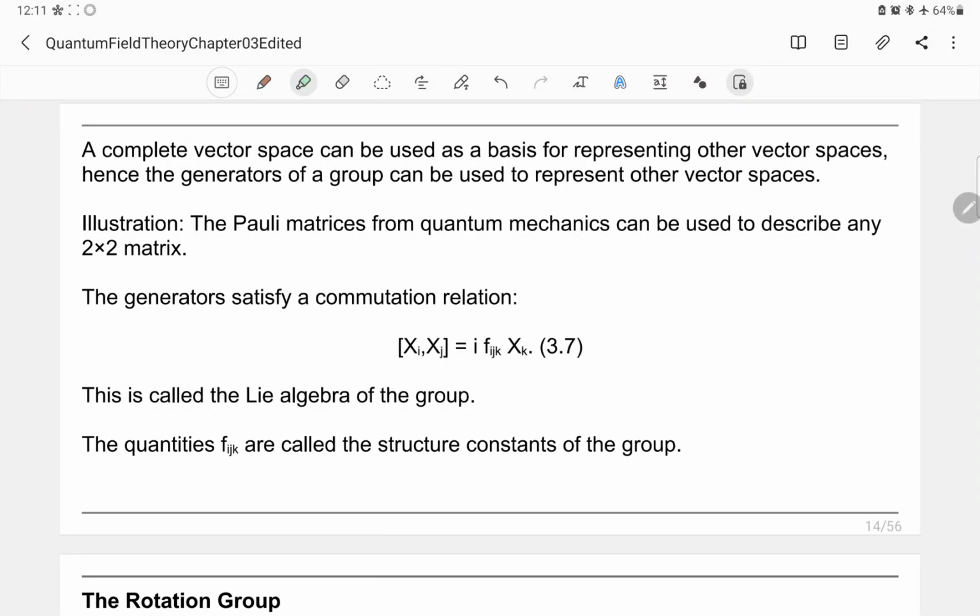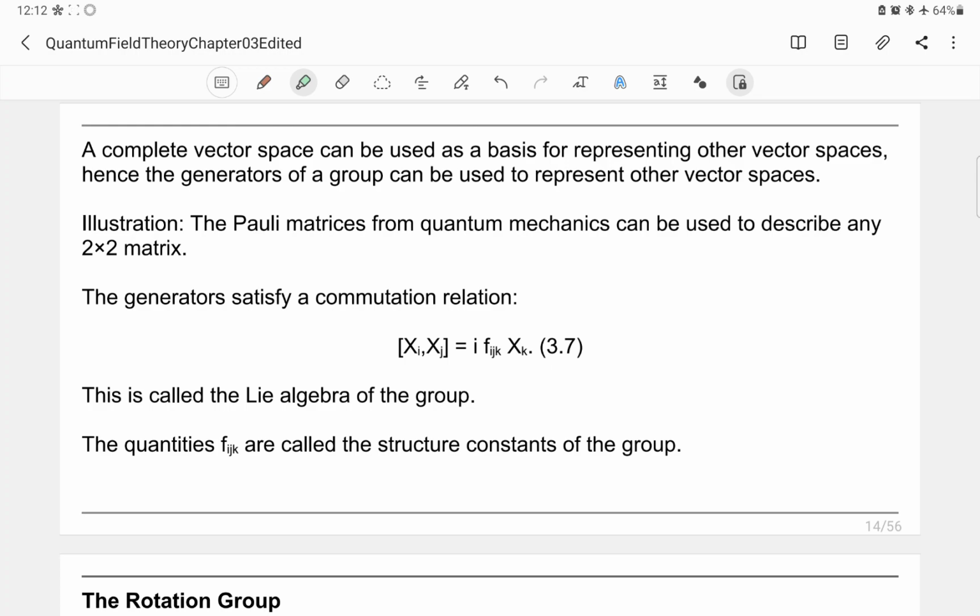A complete vector space can be used as a basis for representing other vector spaces. Hence, the generators of a group can be used to represent other vector spaces. As an illustration, we have the Pauli matrices from quantum mechanics, and these can be used to describe any 2x2 matrix. And this will be studied in the following slides later on.